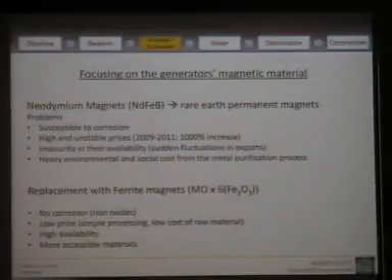They have high and unstable prices. There is insecurity in their availability, and they have heavy environmental and social costs. We decided to replace the neodymium magnets with hard ferrite. These ferrite magnets do not corrode because they are iron oxide already. They are low cost, highly available, and generally more accessible materials.